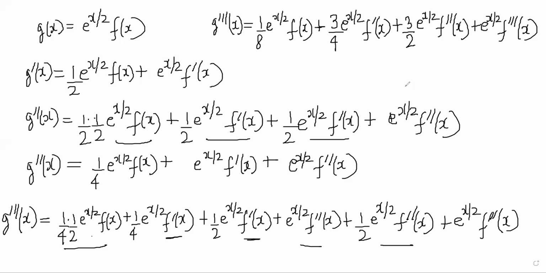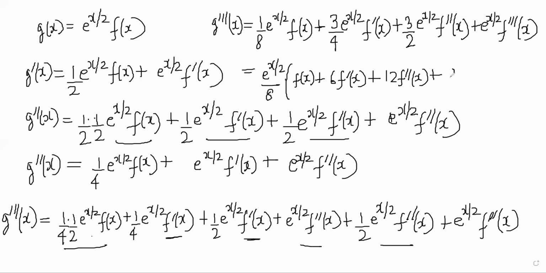Now take e^(x/2) by 8 outside. What do you get? f(x) plus 6 times f dash x, plus 12 times f double dash x, plus 8 times f triple dash x.